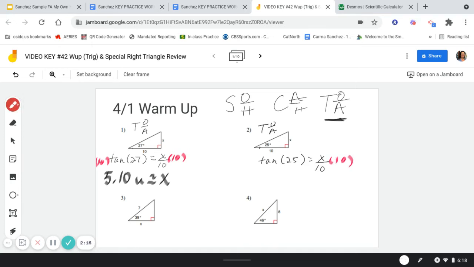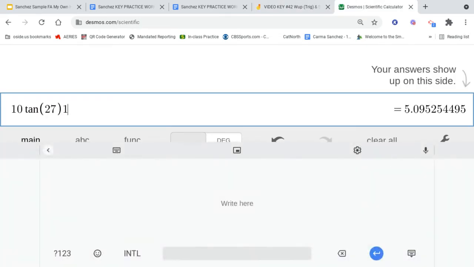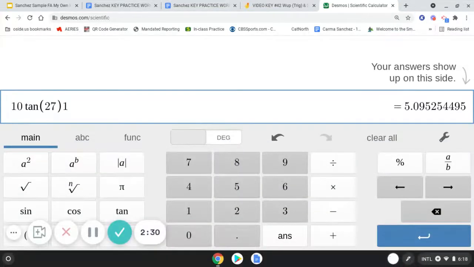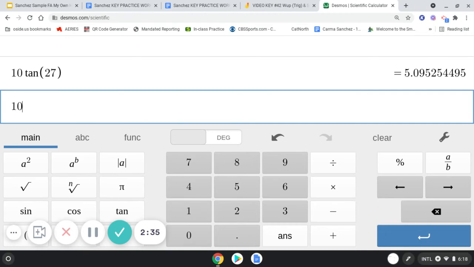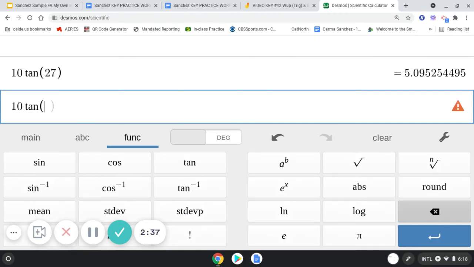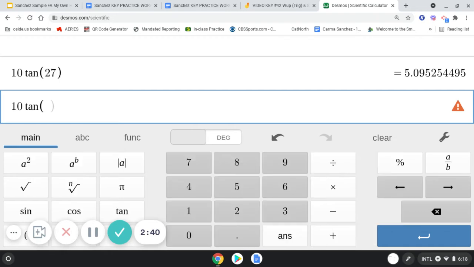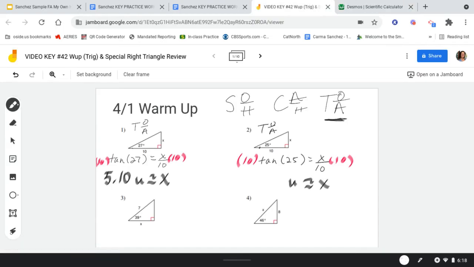Multiplying by that denominator to both sides, we're going to get that x is approximately, let's go use Desmos, 10 times the tan of 25. And we're getting 4.66 this time. Remember that we're always going to round to 2 decimal places, to the hundredths place, unless otherwise specified.